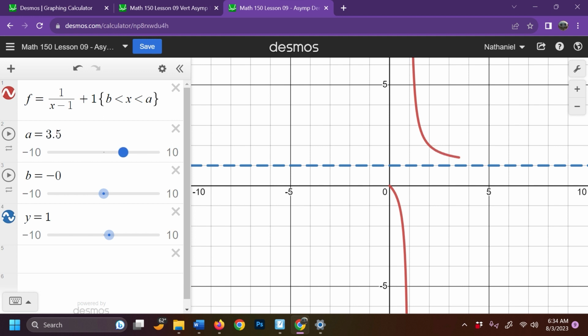And we can see as I get closer and closer to positive infinity, that function is going to look more and more like the asymptote. Similarly, as I go towards negative infinity, the function is going to also look more and more like that asymptote.